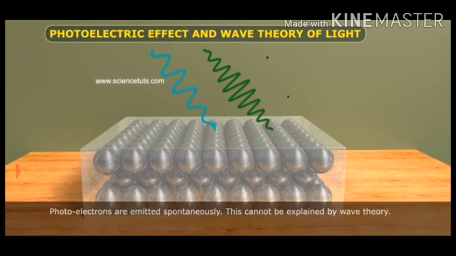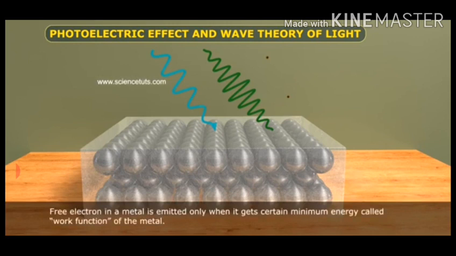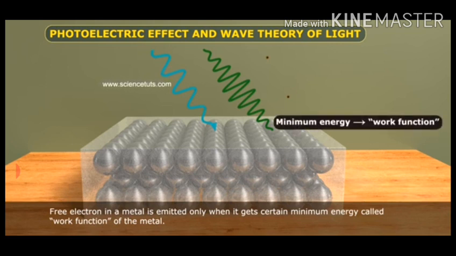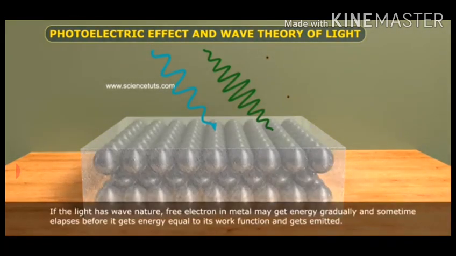Free electrons in a metal are emitted only when they get a certain minimum energy called the work function of the metal. If light has wave nature, free electrons in the metal may get energy gradually and some time elapses before one gets energy equal to its work function and is emitted.